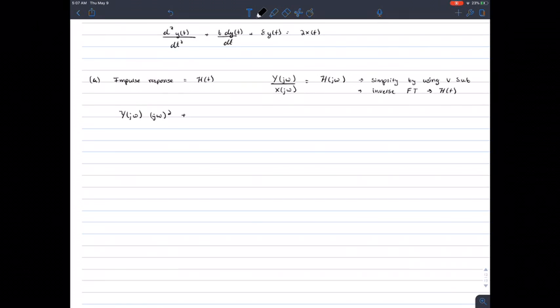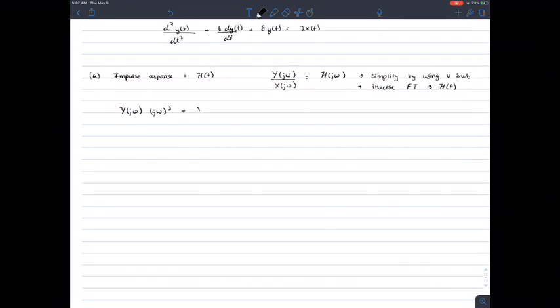And then plus y of t, which is big Y of j omega, times 6, times, and then just d dt is just going to be equal to j omega. Okay, plus y of t, which turns into Y of j omega, times 8. That's going to be equal to x of t, which turns into X of j omega, times 2.